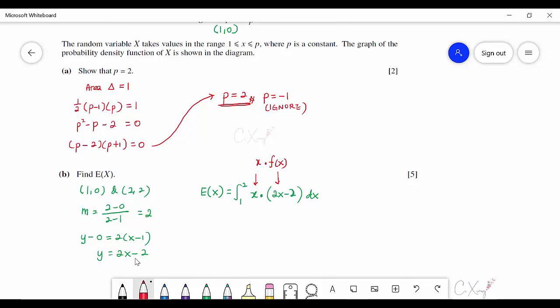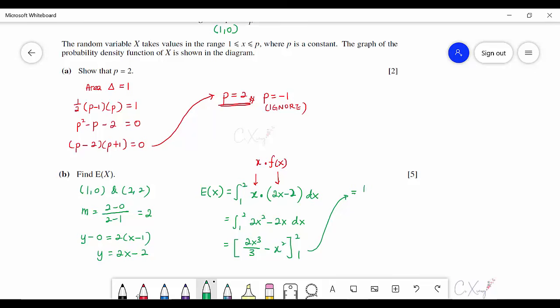Then now continue from this integration. Before you integrate it, you need to apply a little bit of the integration technique that you learned before. I will multiply the x into the function first, then I will start the integration. So it will become something like this after the integration. Then you substitute the values into the integrated function.